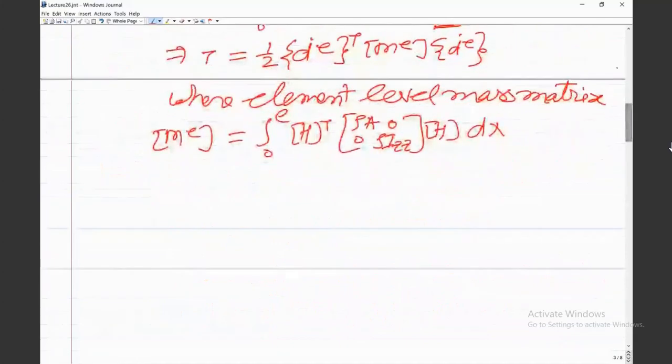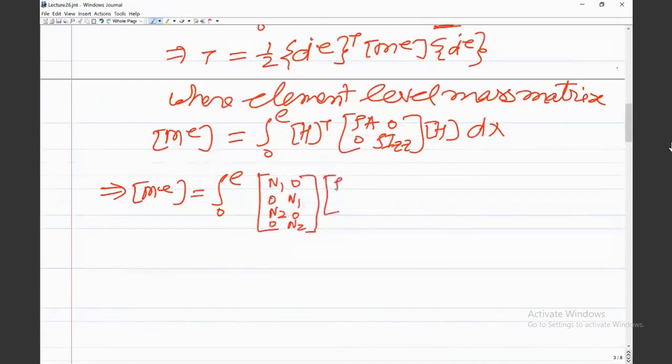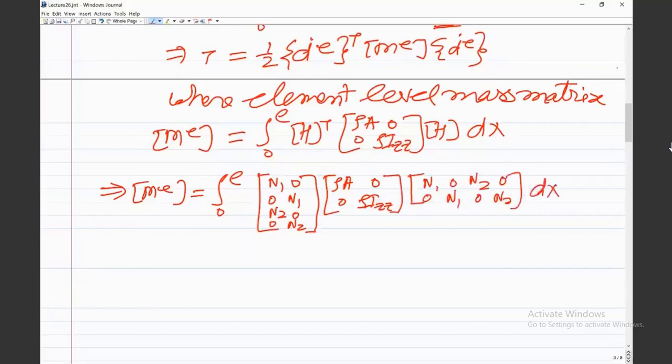And now if you want to get to the final expression, you can say that this ME is integration 0 to L, and then your H transpose is N1 0, 0 N1, transpose we are taking, N2 0, 0 N2, then rho A 0, 0 rho into Izz, and then this is N1 0 N2 0, 0 N1 0 N2, dx.